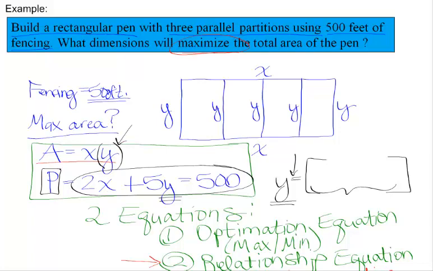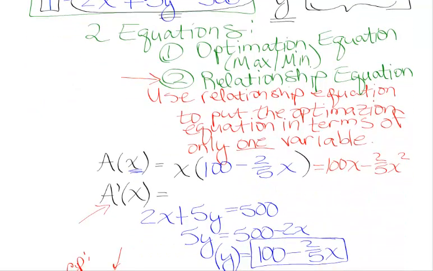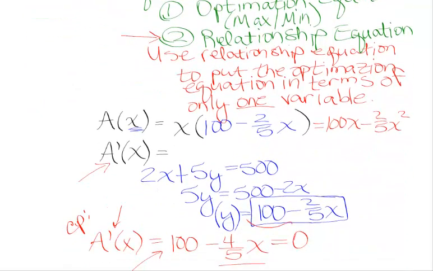Now the question asked what dimensions. It didn't say what x value. It said what dimensions. I have to find a corresponding y value. But that's pretty easy to do because I found a relationship between x and y.